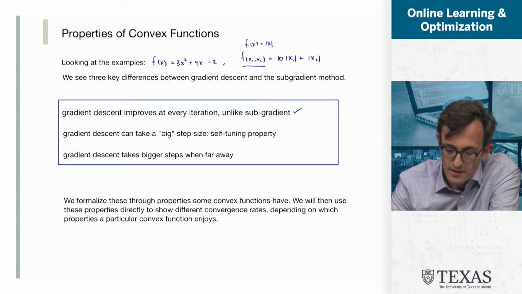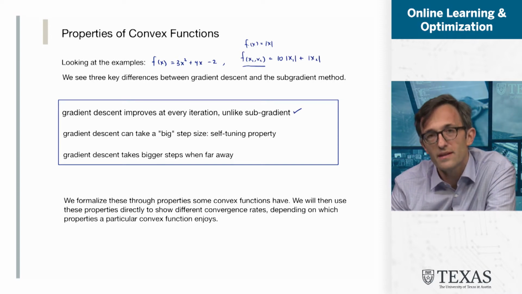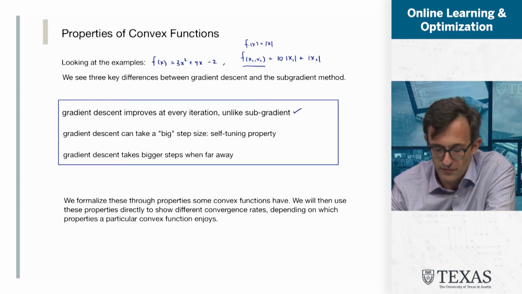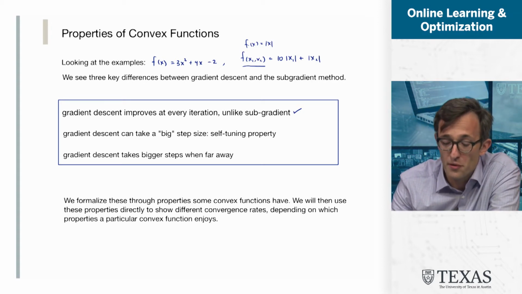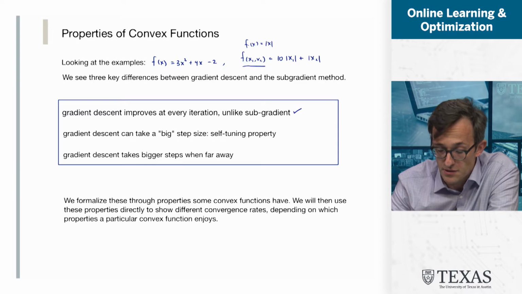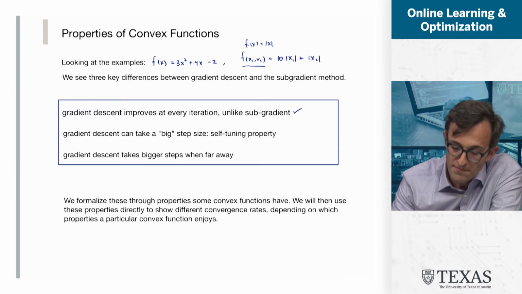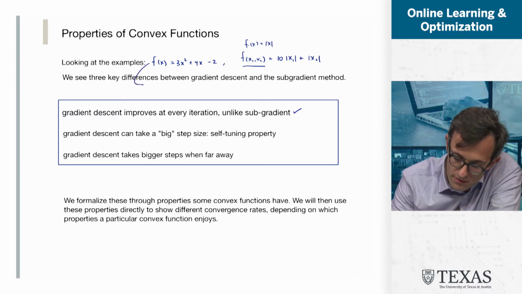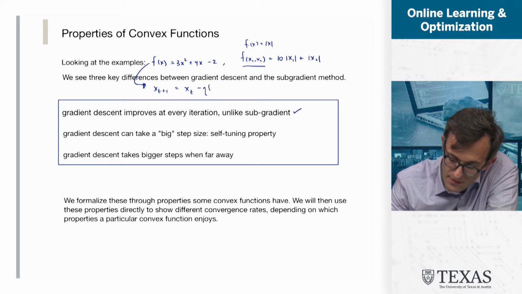The second point is that gradient descent had this self-tuning property for this polynomial, 3x squared plus 4x minus 2. So in other words, the gradient descent algorithm here told us that xt plus 1 is equal to xt minus my step times 6xt plus 4.